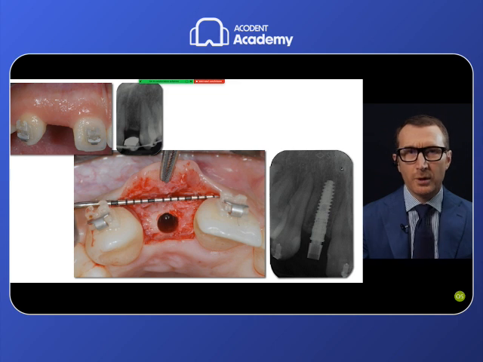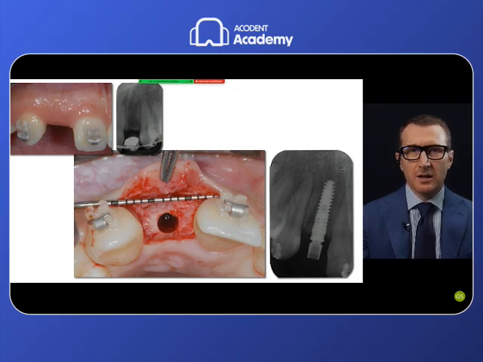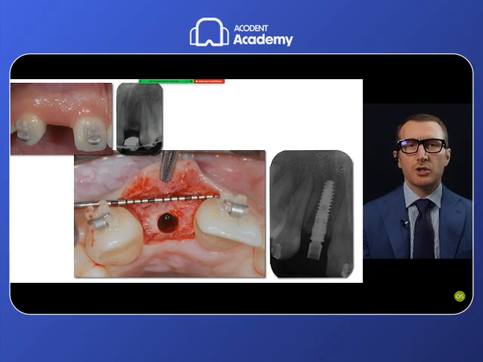And we know perfectly from the literature how we should perform this type of procedure in terms of distance from the neighboring teeth, inclination of the implant related to the future prosthetic rehabilitation, and obviously implant shoulder relationship to the outside contour. So we have strict indications from the literature on how we should perform this implant placement.